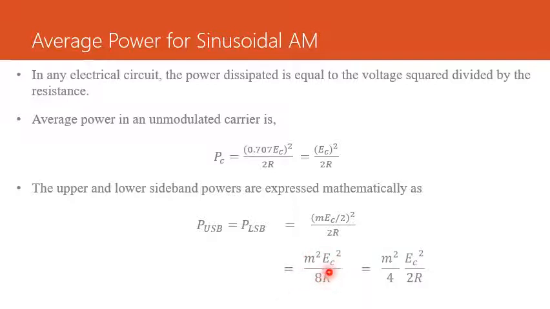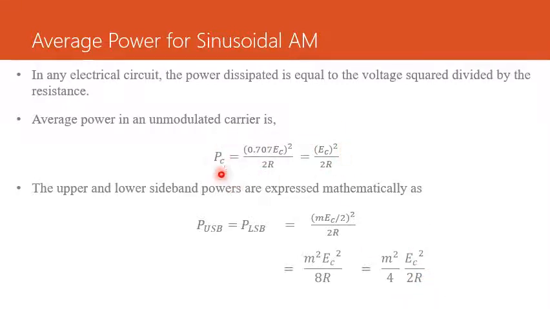So this R represents the load resistance. If it is not given, we can assume the value of R as 1. If you rewrite this equation for ease of analysis, it becomes m square by 4 into Ec square by 2R, where Ec square by 2R represents what?